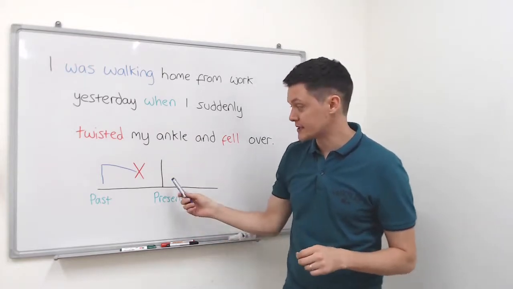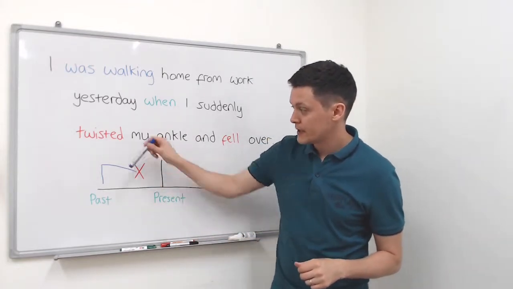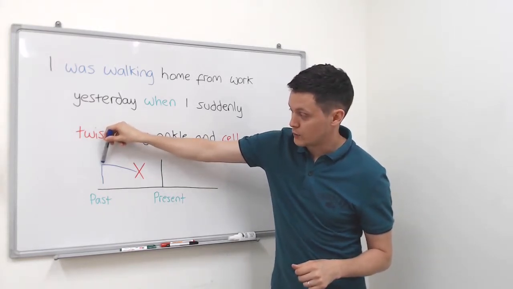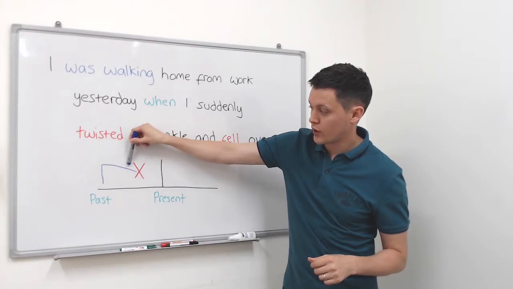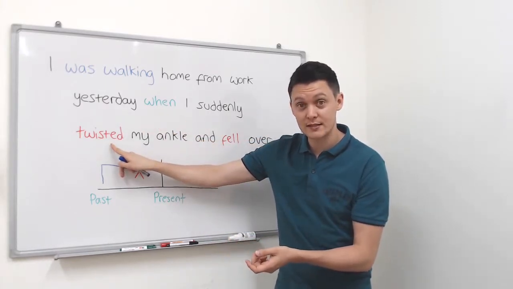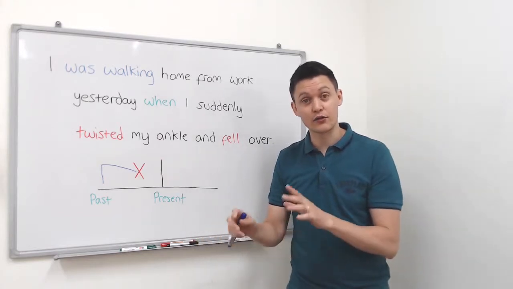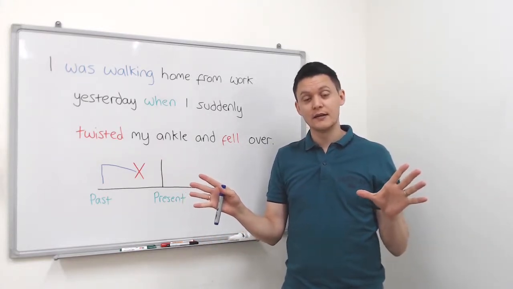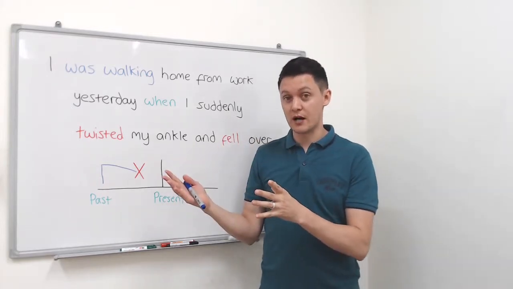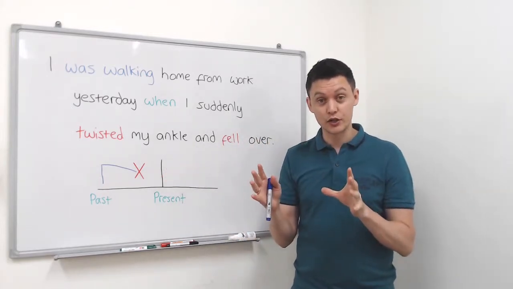So I've represented this on this diagram. Here you can see I was walking home. So I was walking, and bang, this X represents twisted. I twisted my ankle, totally unexpected. So hopefully you can understand why we use the past continuous in this particular use.